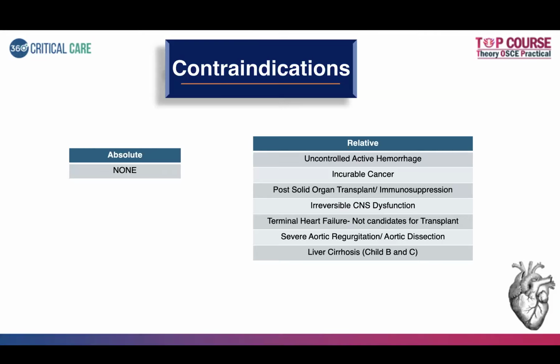In those patients, putting an ECMO is not going to serve any purpose. Also patients with severe aortic regurgitation or aortic dissection, because it will interfere with your ECMO cannula, the circuitry, the physiology, and patients with liver cirrhosis like Child B and Child C, whereby there is going to be coagulopathy invariably, and that is going to increase the risk of bleeding.